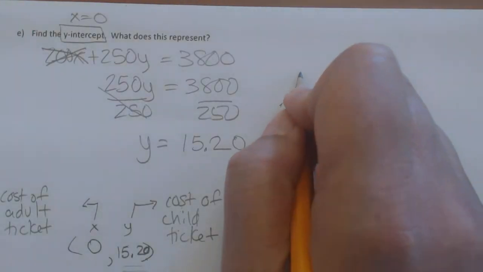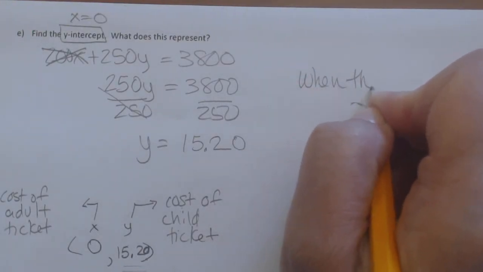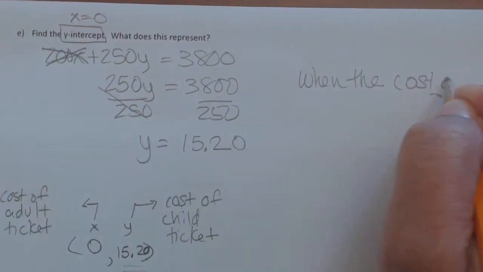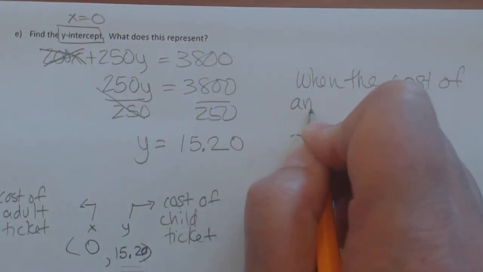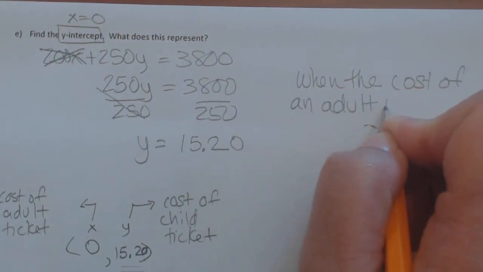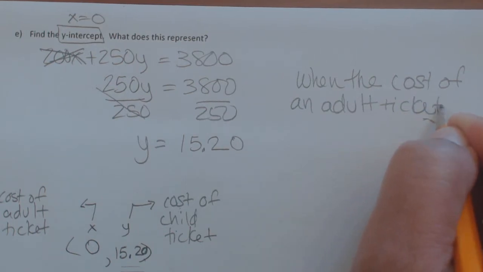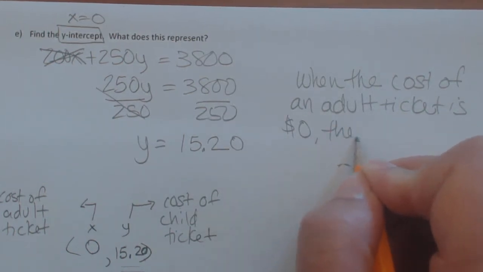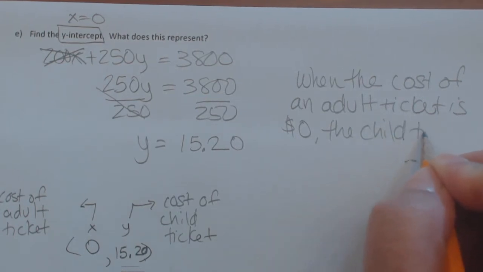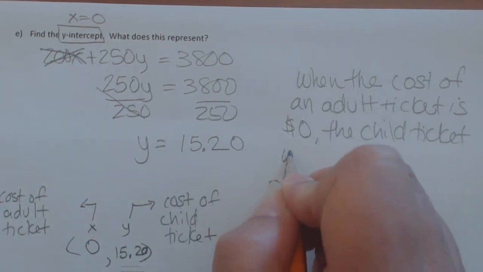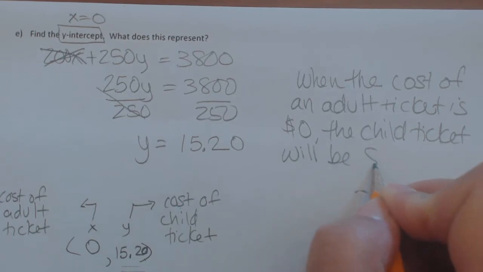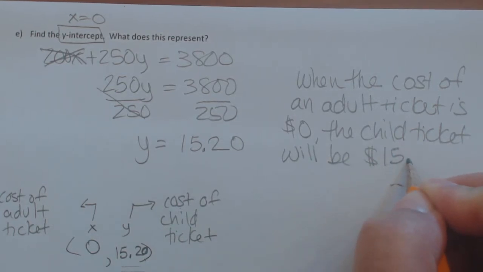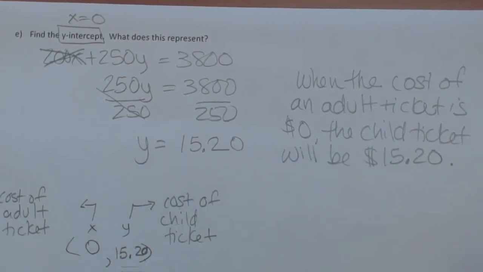Let's say, when the cost of an adult ticket is $0, the child ticket will be $15.20.